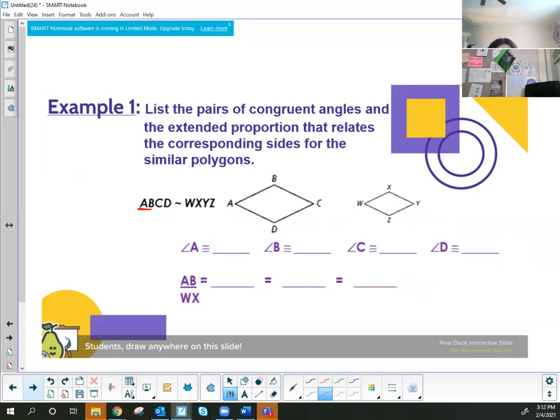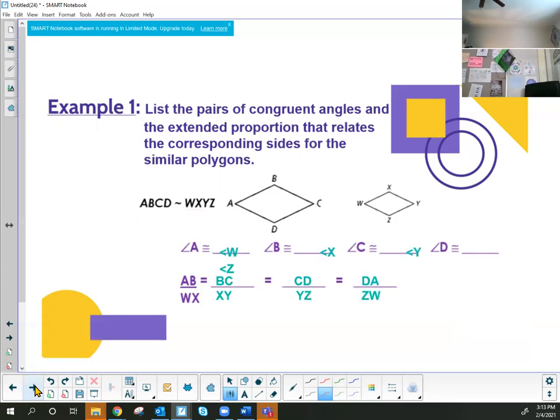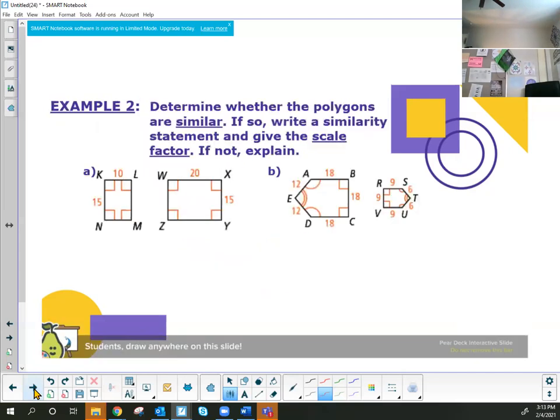AB is proportional to WX, multiplied by the same scale factor. Just remember, when you're talking about similar shapes, the angles are congruent, but the sides are proportional.